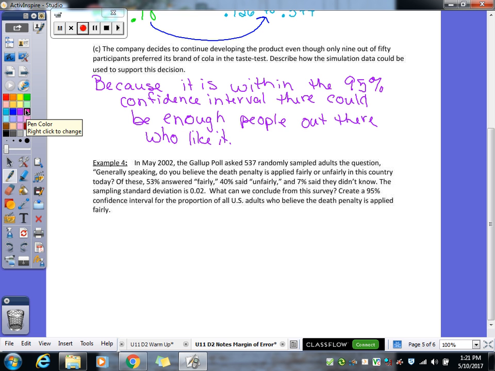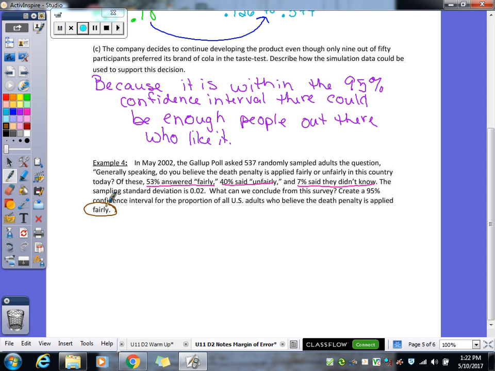Of the people who answered, 53% answered that it was fairly applied, 40% said that it was unfairly applied, and 7% said that they didn't know. The sampling standard deviation is 0.02. What can we conclude from this survey and create a 95% confidence interval for the proportion of all U.S. adults who believe the death penalty is applied fairly?